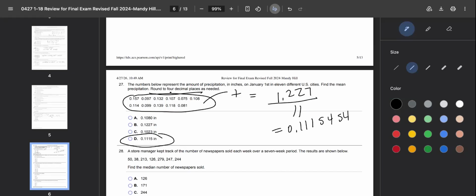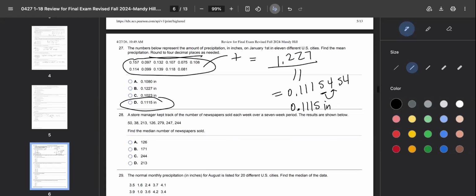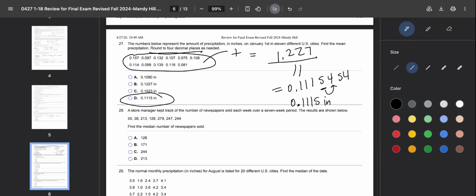It said to round to the fourth decimal place, so I'm supposed to stop here. I looked next door, and that was not 5 or bigger, so that means I got to leave it at 0.1115 inches.